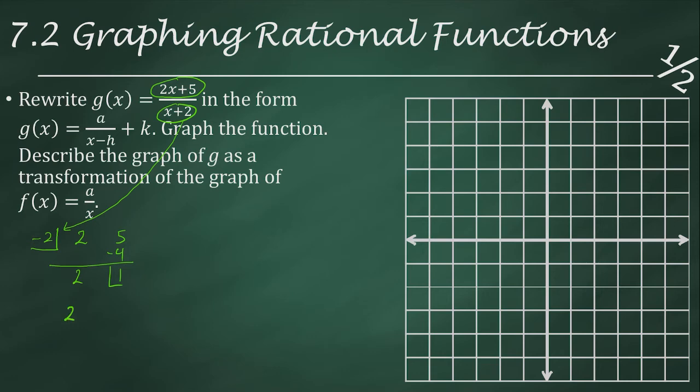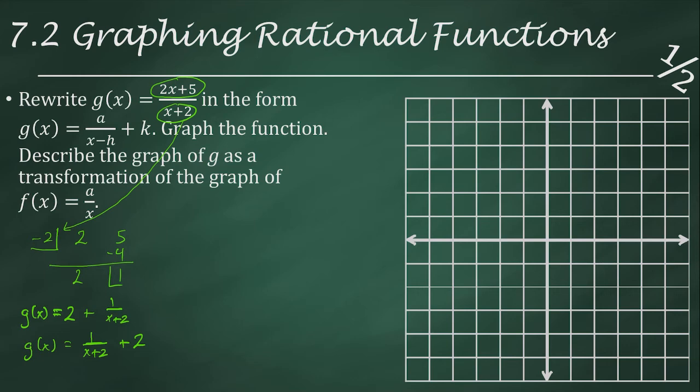So it's 2 plus 1 over x plus 2. It was 2x to the first, now it's 2x to the 0, and then the remainder over the divisor. Of course, we're going to switch that around, make it 1 over x plus 2, plus 2.